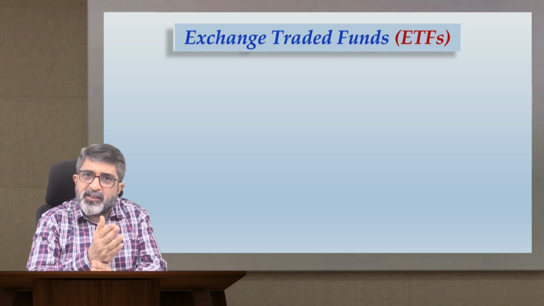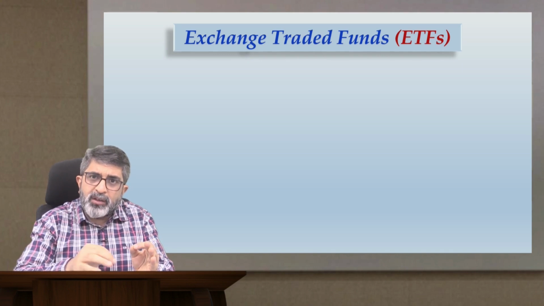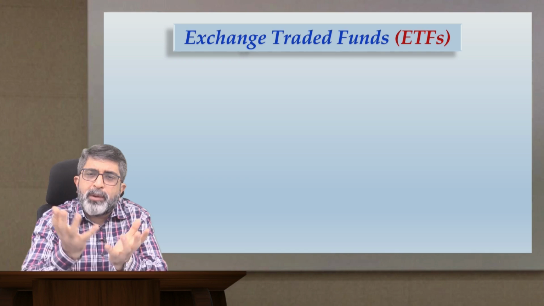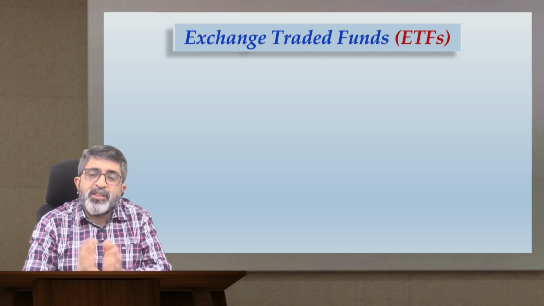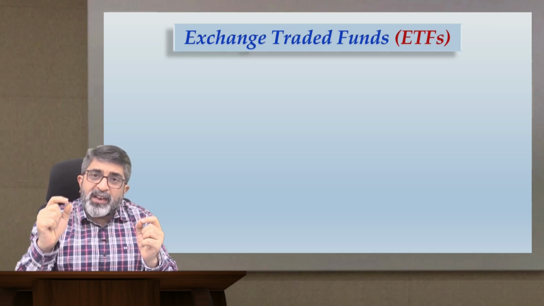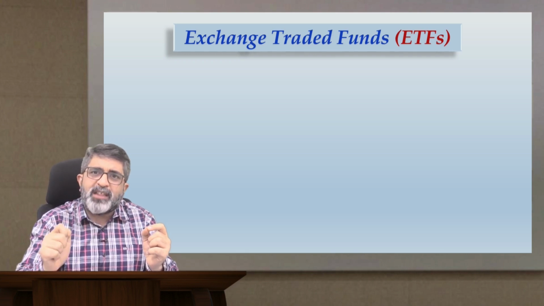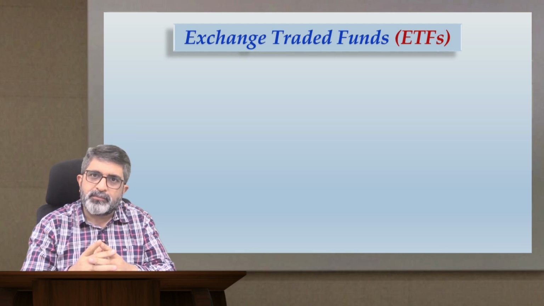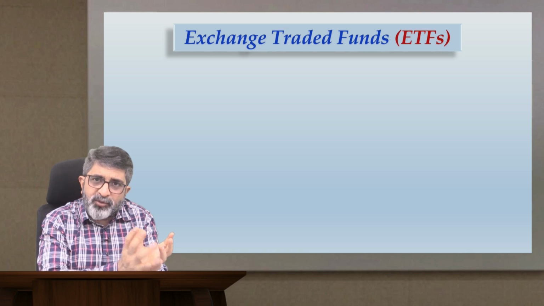In exchange for this basket, the ETF issuer is giving a creation unit, which will be a basket of ETF shares or ETF units. This is called a creation unit. Generally, it is in the size of 50,000, not necessarily 50,000 always, but generally it is in the size of 50,000.